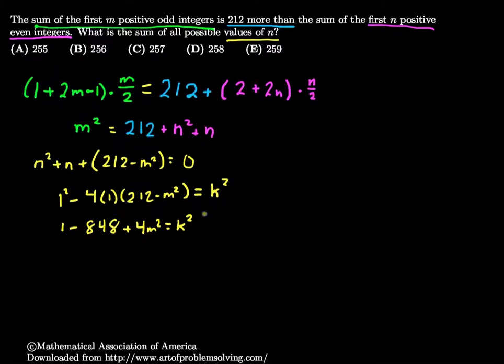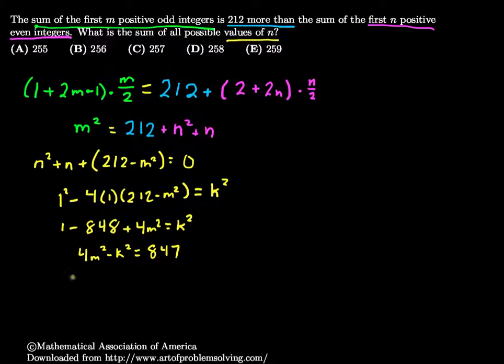And if I get the m squared and the k squared on one side, and now the 847, because 1 minus 848 is negative 847, I'll get to the equation 4m squared minus k squared is equal to 847. And this factors very easily.